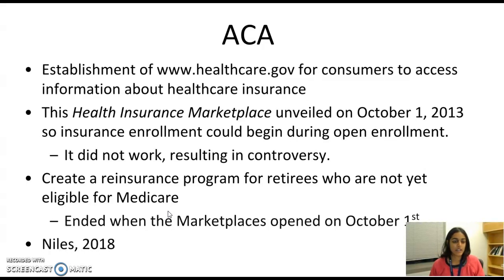So it didn't work initially, but it does work now, and it has been working for a long time. ACA also created a reinsurance program, which was in your book chapter, for retirees 55 and older who are not yet eligible for Medicare. So that was another provision.